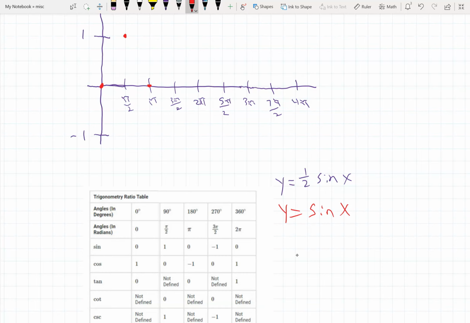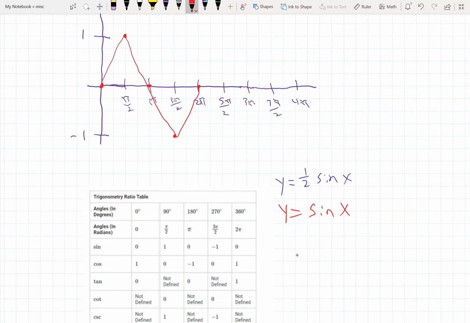At 270, that's 3 pi over 2, we're at -1. And at 360, we're back at 0. This is one full period. After this, it's just going to repeat.